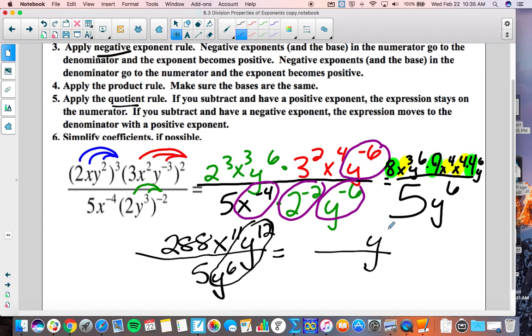How many more of them are there? There's 6. So we also have 288x to the 11 and 5 on the bottom. There's no x's to battle the x's on the top. And this 288 divided by 5 we can't simplify. So there we are.